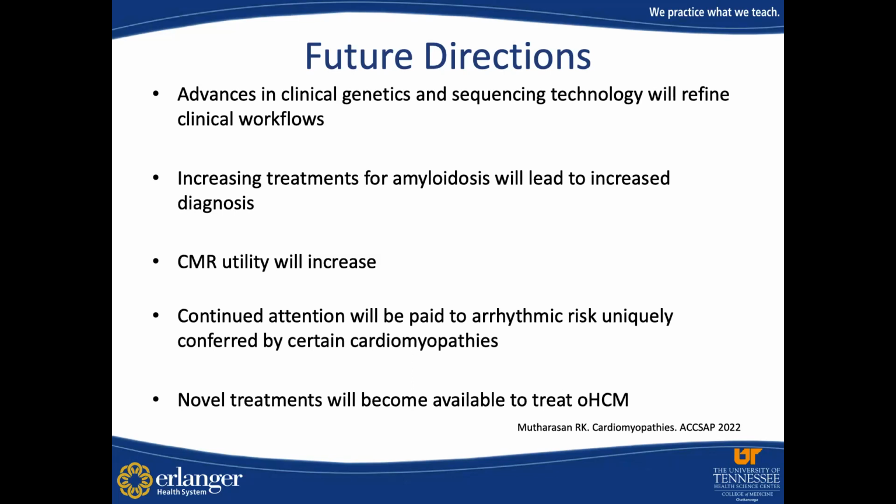So keep it on your brain when you start seeing these patients. CMR utility is going to go way up because not only can you look for infiltrative things, but it can do these cool flow assessments, and you get really good data on regurgitation or stenosis and other things like that. So you'll see more and more cardiac MRI.